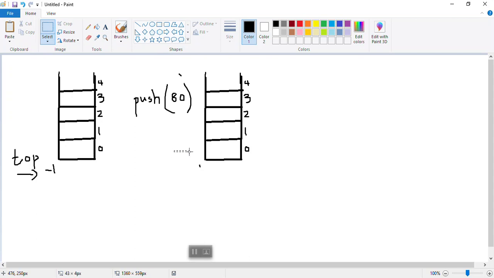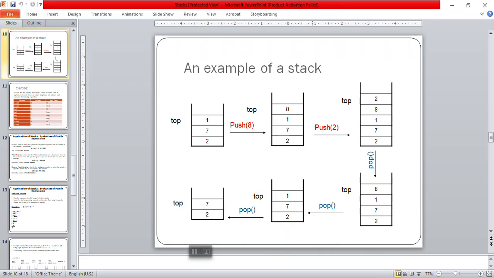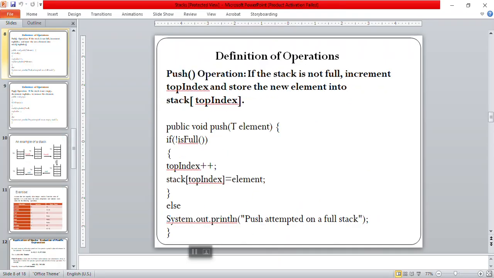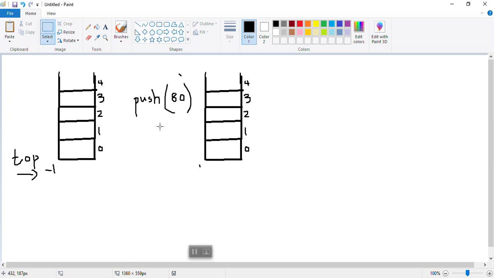And the first thing is to check whether the stack is full or not. In the push operation, first we have to check whether the stack is full. Our stack is not full now, it's empty. If top is at the maximum position, then the stack is full. Now top value is -1 and it's not full.